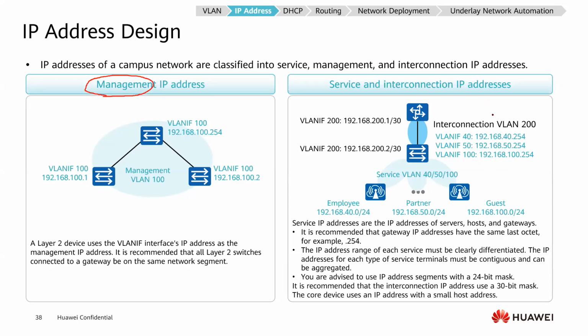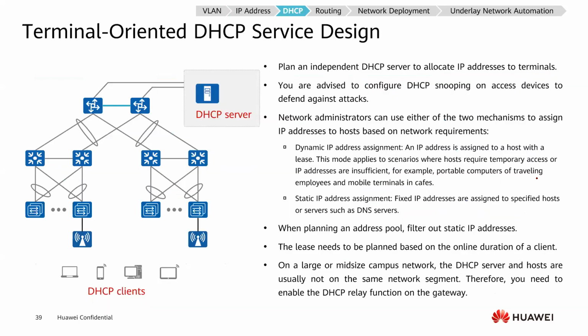And the interconnection IP address is used to connect two devices. And as usual, we will use a 30-bit length mask IP address as the interconnection IP address.